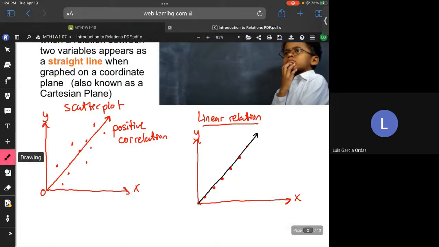So that's the key difference between a scatter plot and a linear relation. In a scatter plot, you draw a line of best fit that passes through some of the points, but in a linear relation, your line passes through all of the points.